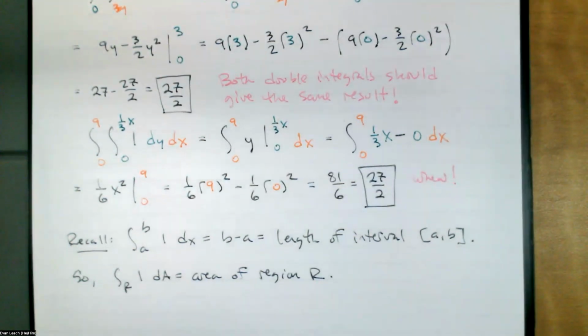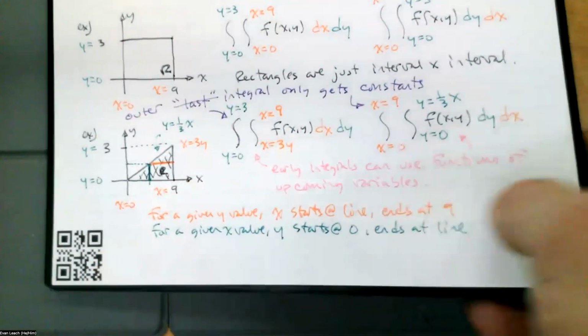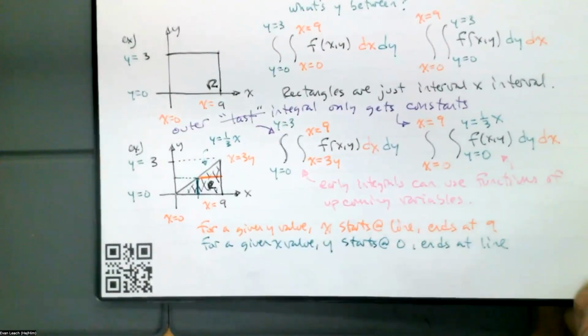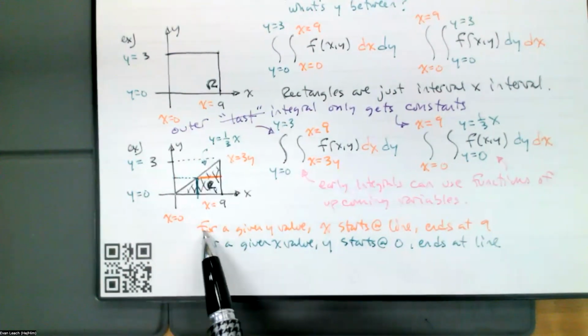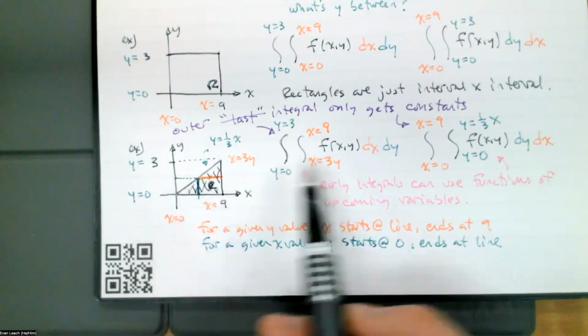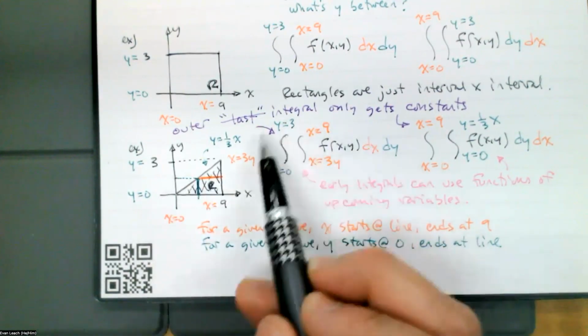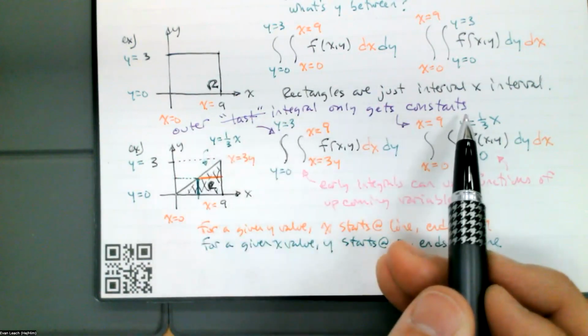Yes. So we're looking at this picture here, which in my usual fashion, I drew way too small. Let's take this line here. For a given y value, so pick a y value, that's when we were setting up this double integral. And we did our outer integral first because it has to have constants.